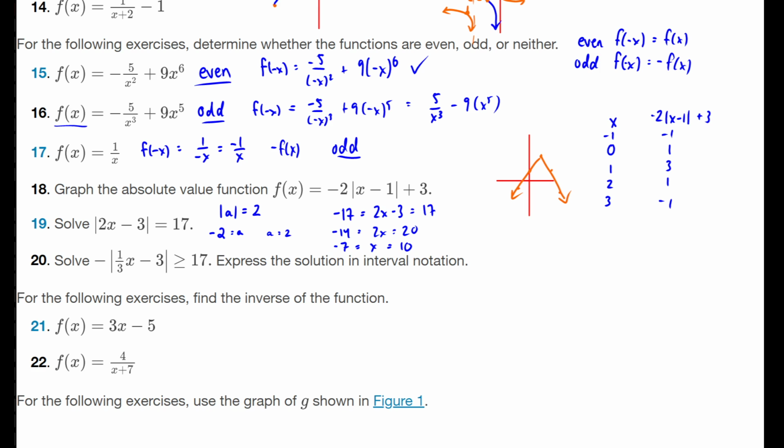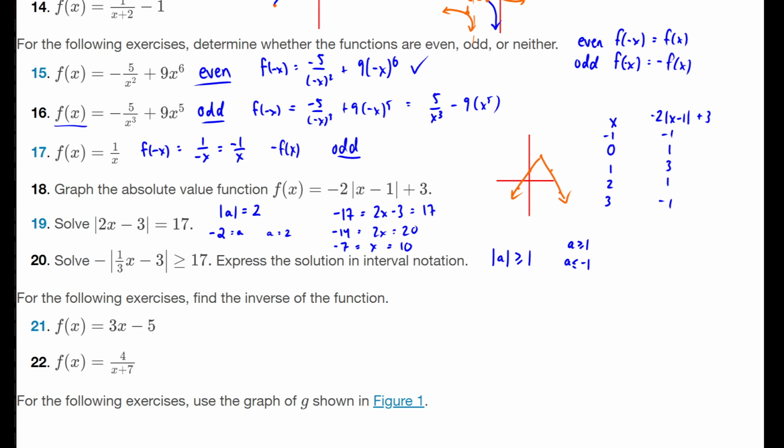20 is going to be very similar, but we have a greater than sign. So the negative absolute value of 1/3 x minus 3 is greater than or equal to 17. How are we going to solve this? Well, it's going to be pretty similar. But remember, if the absolute value of a is greater than or equal to 1, this means that a is going to be greater than or equal to 1, and a is going to be less than or equal to negative 1.